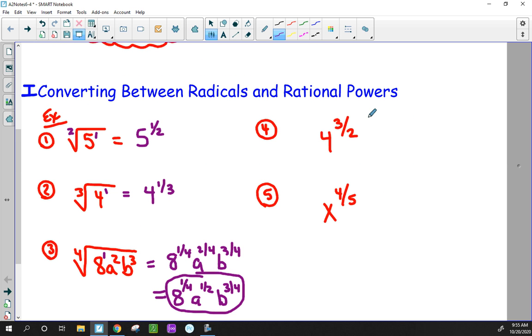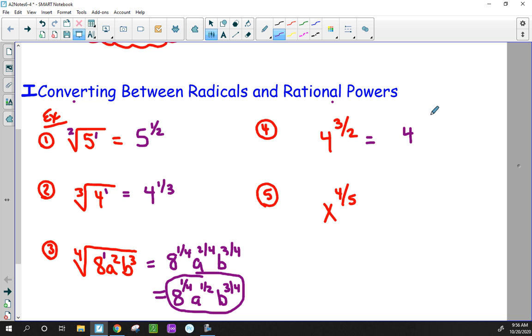Now, let's go backwards. Now let's convert from rational power into radical. 4 to the 3 halves. You could actually type this in your calculator, and you would be able to get the simplified answer, but let's go with conversion to radical first, and then we'll simplify. So you'll drop your 4 down.